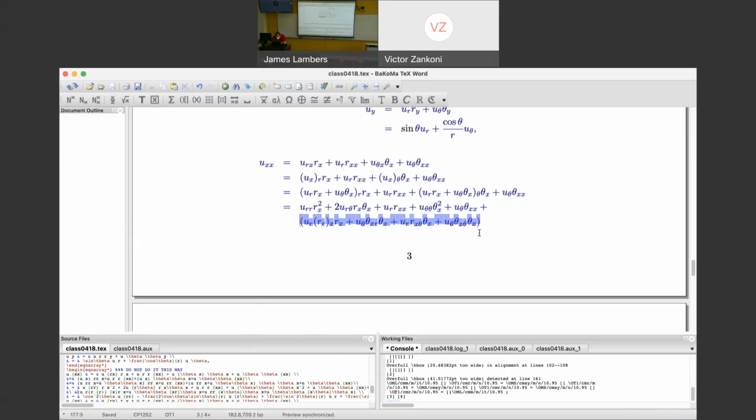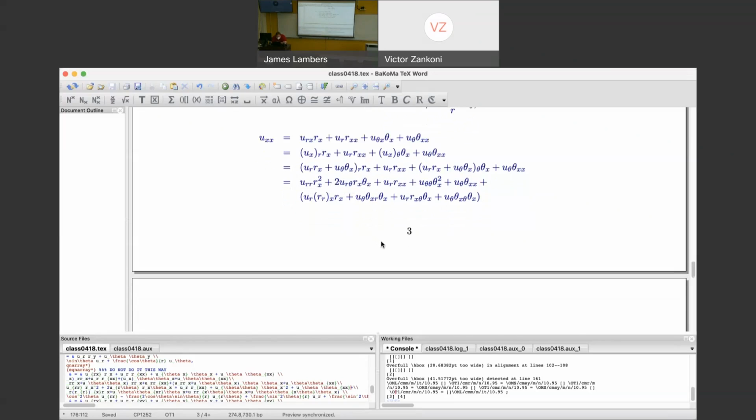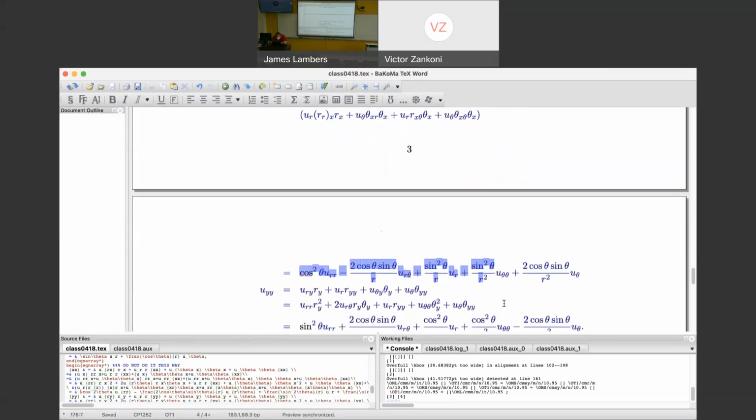So all these go away, and we can focus on what's left and use the formulas that were worked out earlier for r with respect to x, or theta with respect to x. And we have derivatives of u with respect to only the polar variables, r and theta, which is what we want. So that is filled in here.